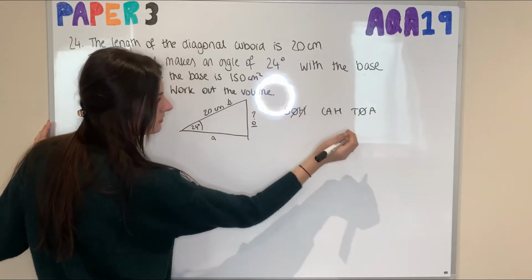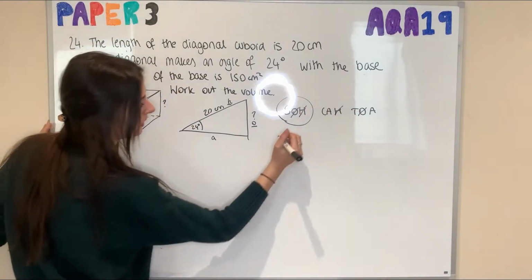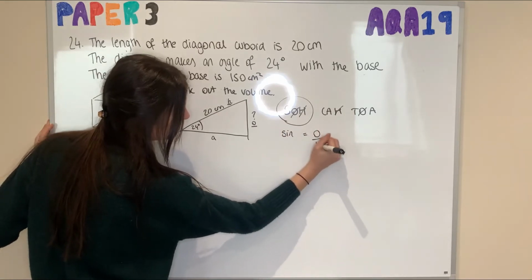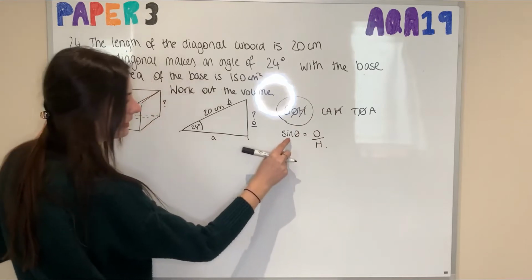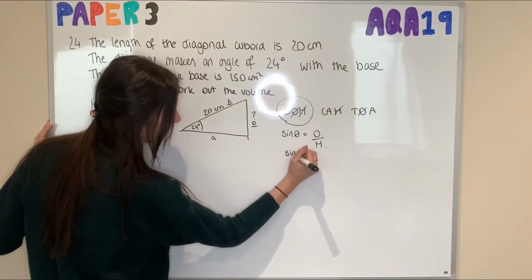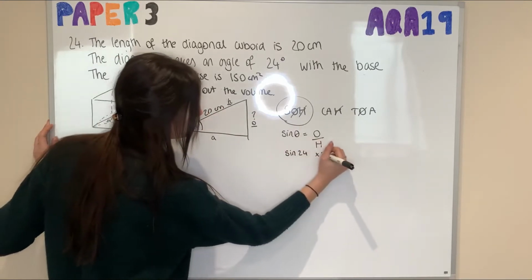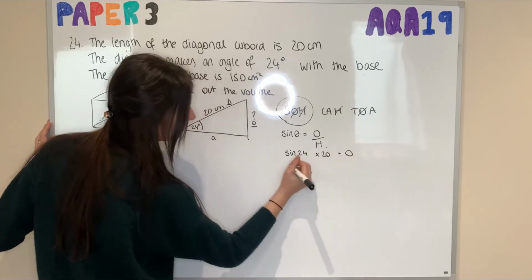So we're going to use sin equals O over H. The angle is 24, so sin 24 times the hypotenuse, which is 20 centimetres, will give us the opposite.